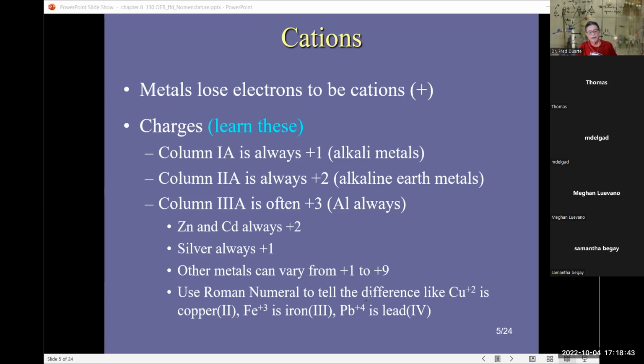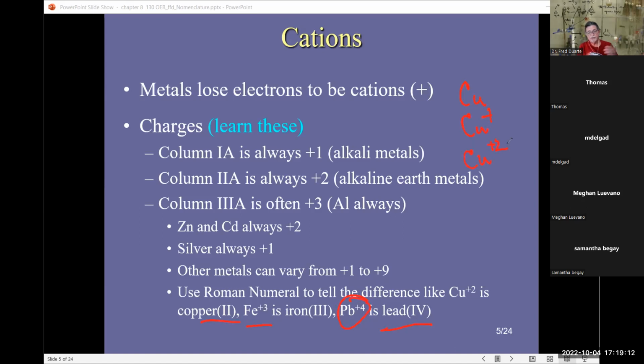Here we have lead 4. When we write its name out, it is lead, Roman numeral IV in parentheses. Don't forget the parentheses around the Roman numerals. Here's copper 2. Here's iron 3. There's copper 0, the element. There's copper +1, an element that's lost 1 electron, and there's copper +2.